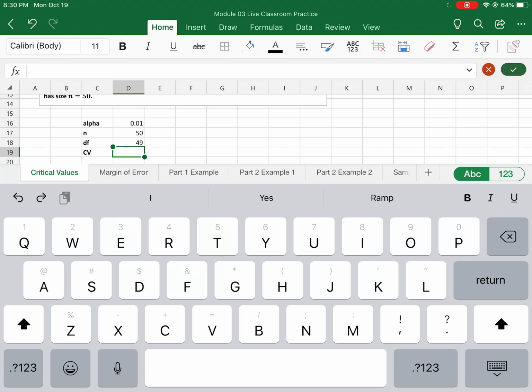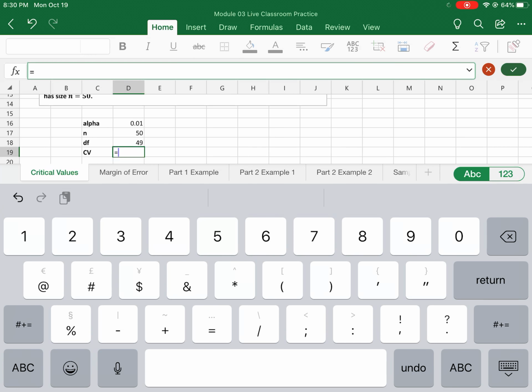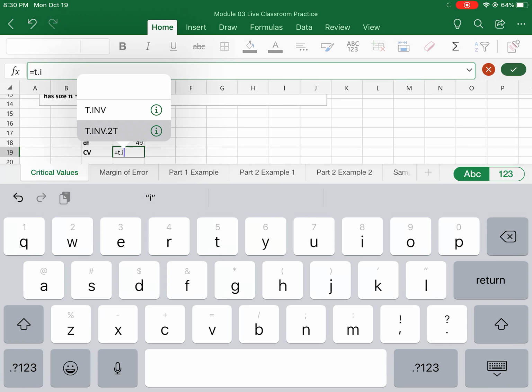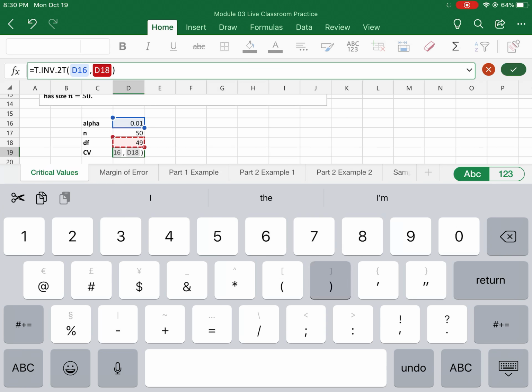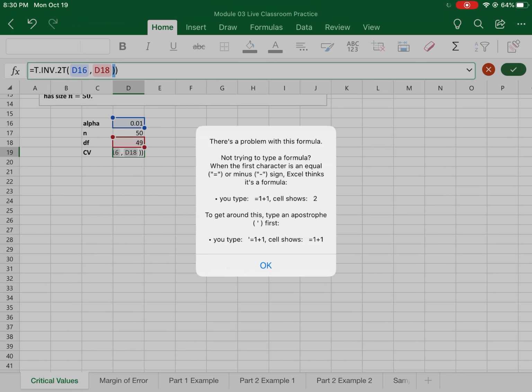Hit enter there. And now I can go ahead and find my critical value. So again, I'm going to type in that equation I gave you on slide 13. So equals T dot inv. Okay, there we go. So my probability, again, that's the alpha. I'm just going to go ahead and click it. And then I need to go to my degrees of freedom, which I have on that one there. Okay, and hit enter.